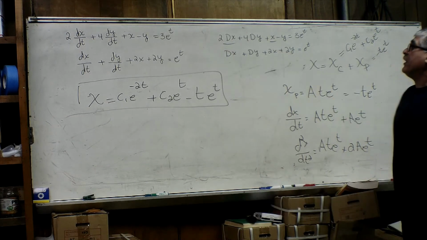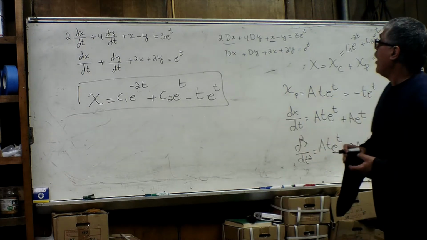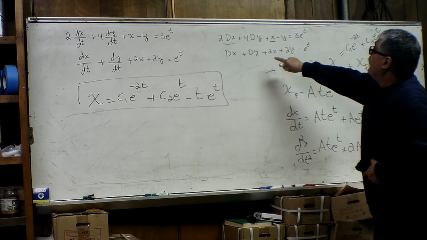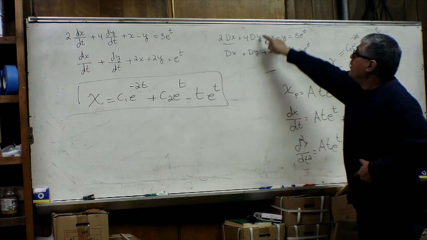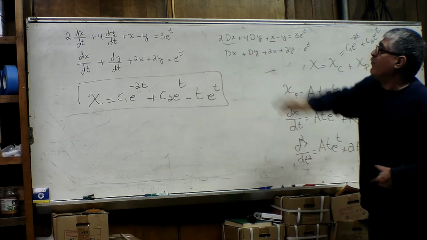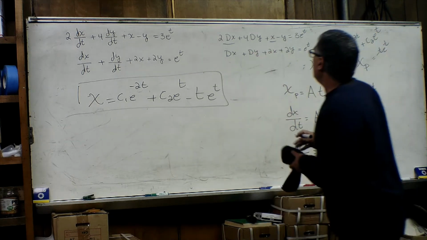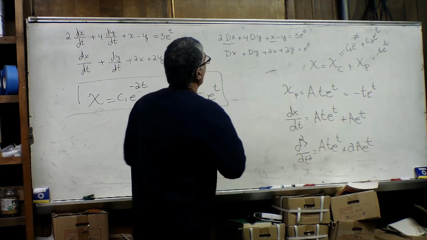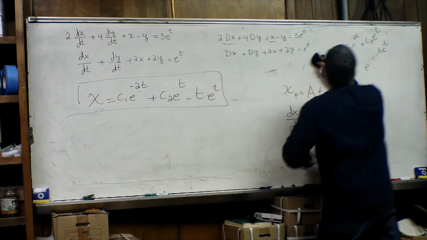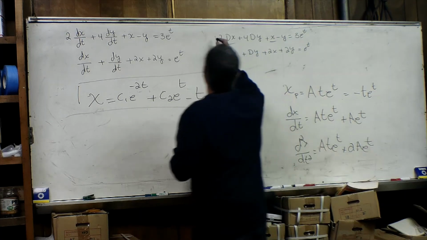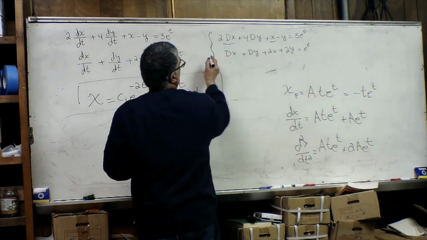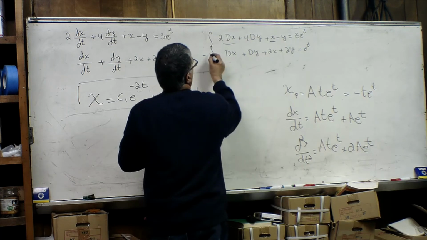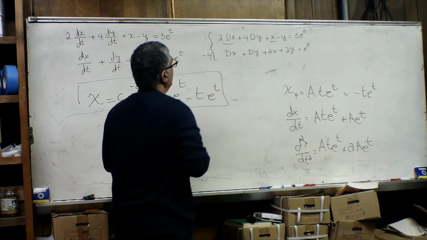Now the next step, to solve for y, we eliminate dy in the step 1 form. If we want to do that, we can go ahead and multiply this equation by minus 4.